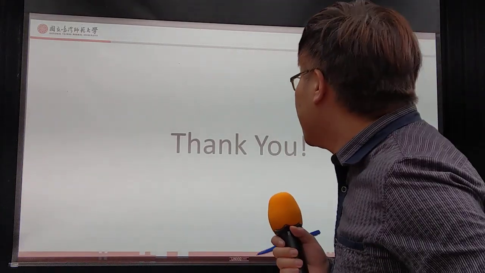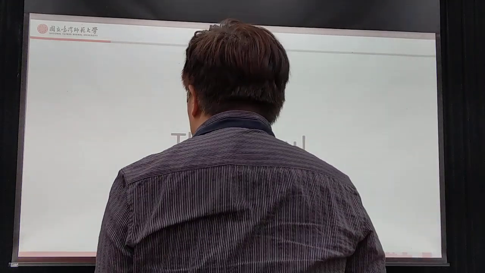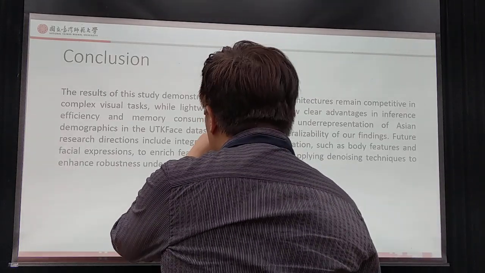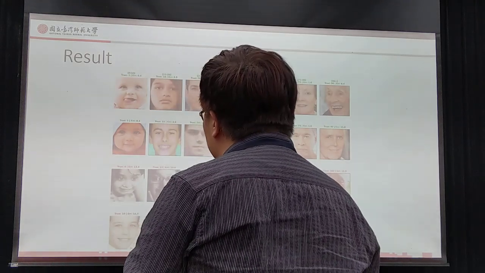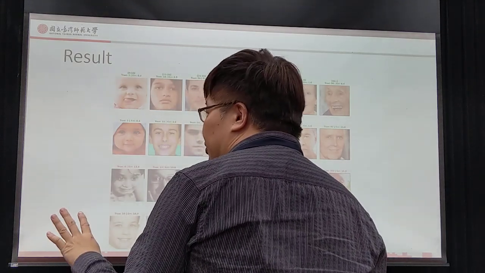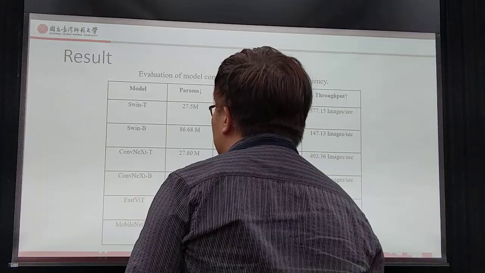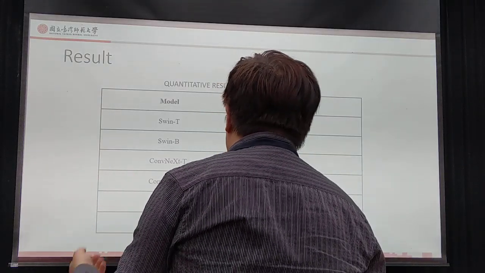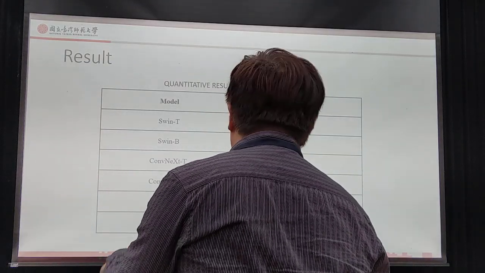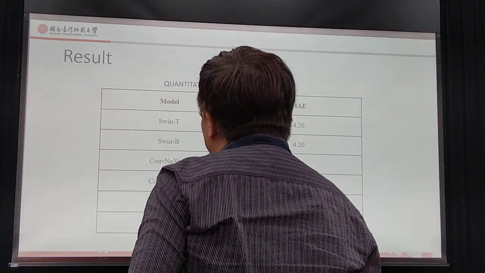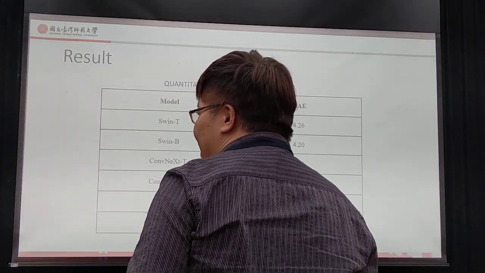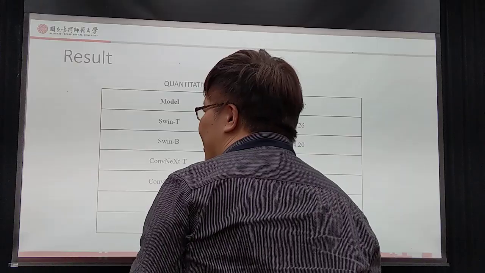Okay, if no question, would you please go back to the result? If I'm not mistaken, you utilized 4 different models, right? The Swin, FastViT, MobileViT, MobileNetV4. All of these were proposed by other research groups. So what is your own model?